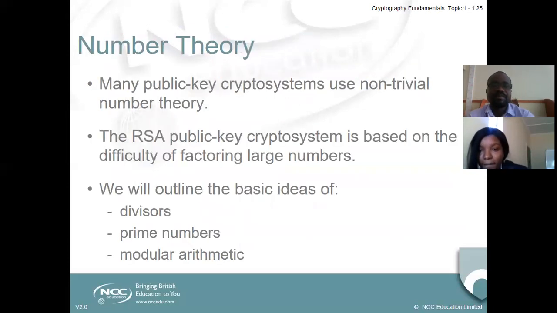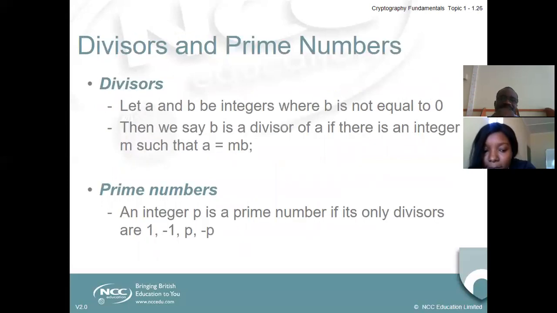Number theory. Main public key crypto systems use non-trivial number theory. The RSA public key crypto system is based on the difficulty of factoring large numbers. We will outline the basic ideas of divisors, prime numbers, and modular arithmetic.